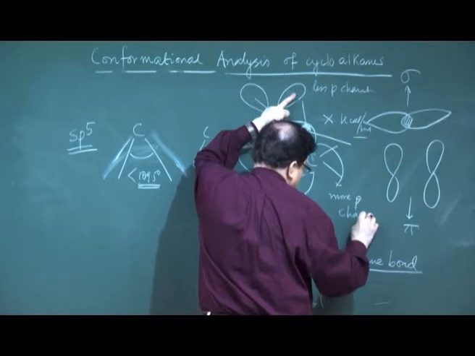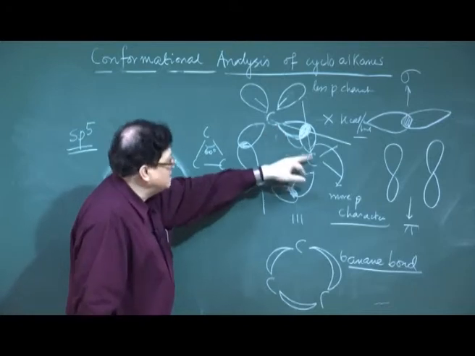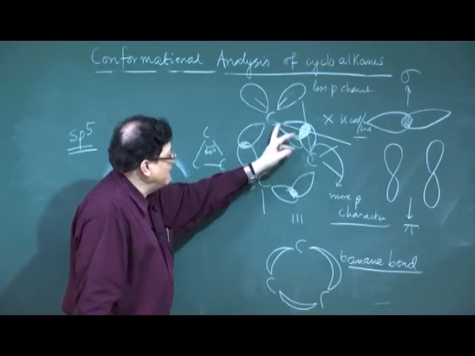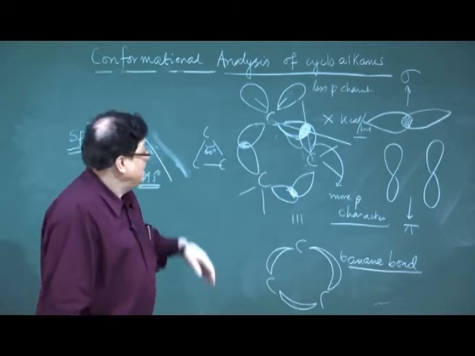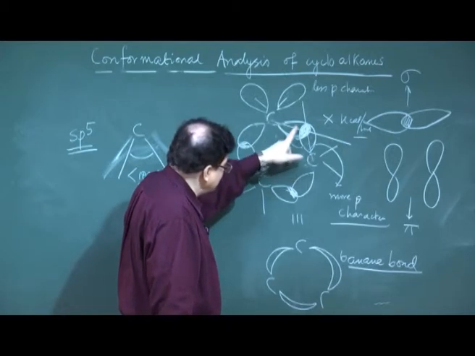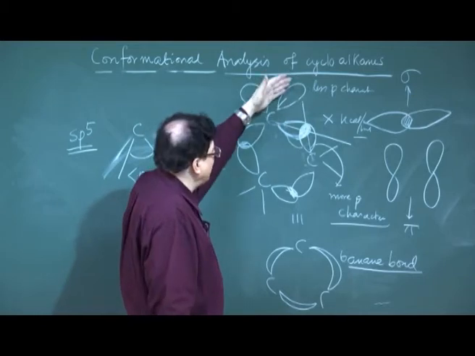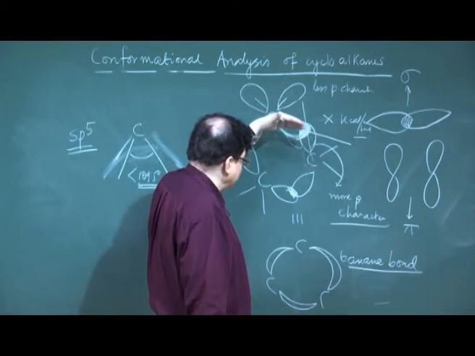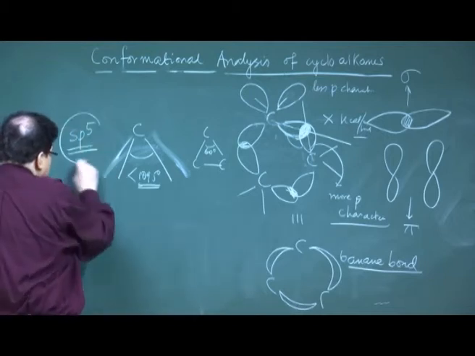And now, people have done a rough calculation of the extent of hybridization on this side and on this side. They found that this inequality of bond strength can be explained if you think that this carbon is sp5 hybridized on this side, and the rest is outside. That means the outside bonds, again I repeat, have less p character, this has more p character, and the p character is about what is present in sp5.